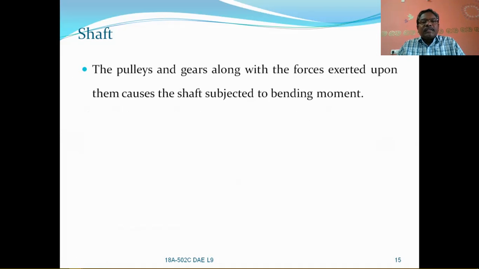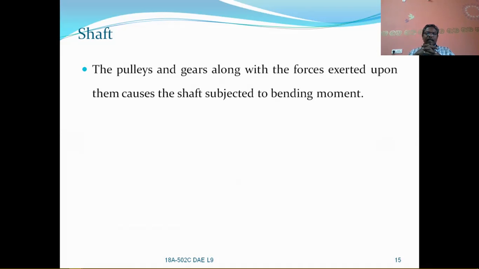And the pulleys and gears, along with the forces exerted upon them, cause the shaft to be subjected to bending moments. That means due to transmission of power, the shaft is subjected to twisting moment or torque, and due to mounting of the pulleys and gears, etc., it is subjected to bending moment.